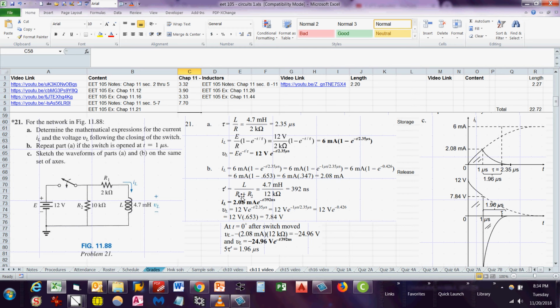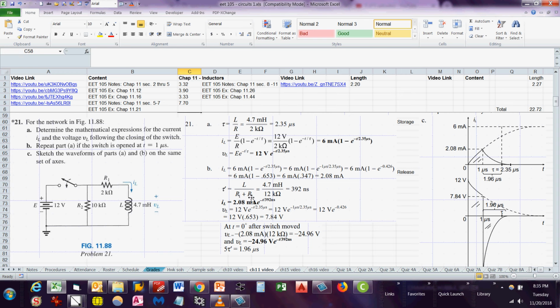Then you have to figure out what tau prime is, for the release phase. When this is releasing current through this loop with the switch back open, tau prime equals L divided by R1 plus R2 equals this, 392 nanoseconds.